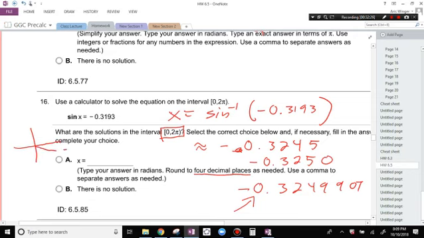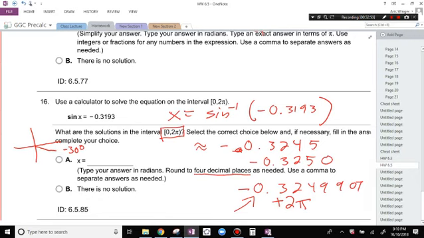If that's negative 30 degrees, how would I make it something that's in here? You would add 360 degrees. So then you just need to take that number and add 2 pi, and that's the number they want. That's tricky. And then round that to 4 decimal places.